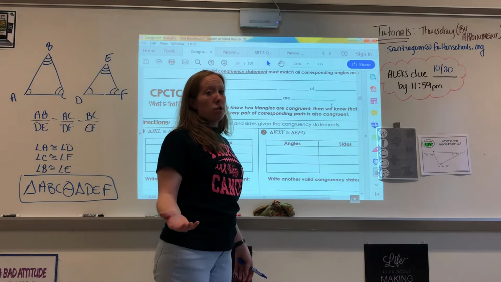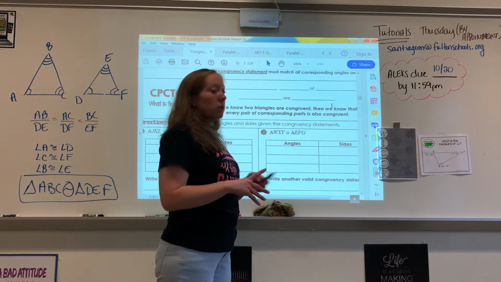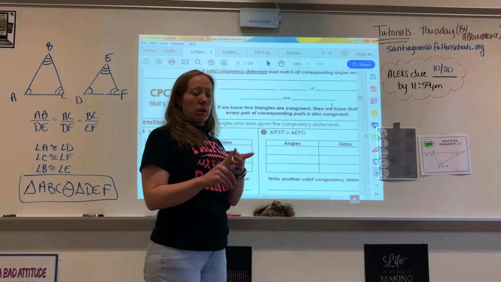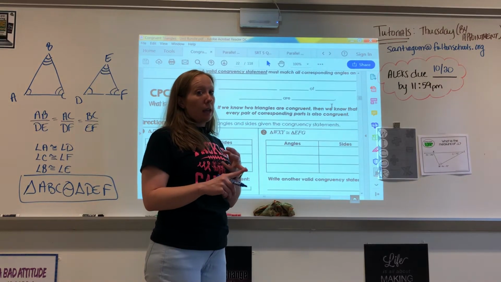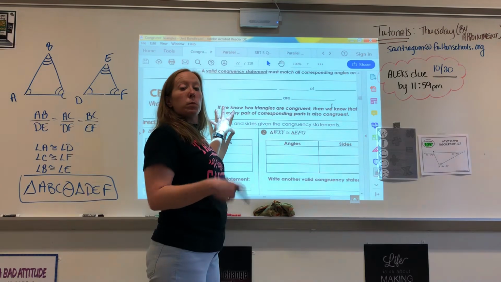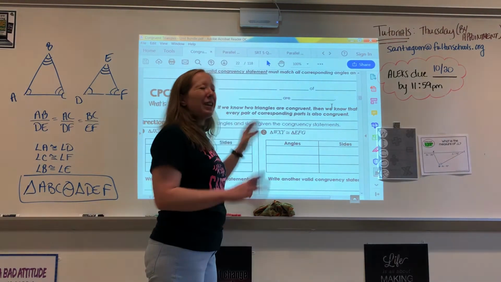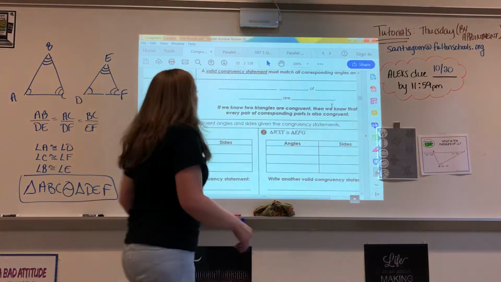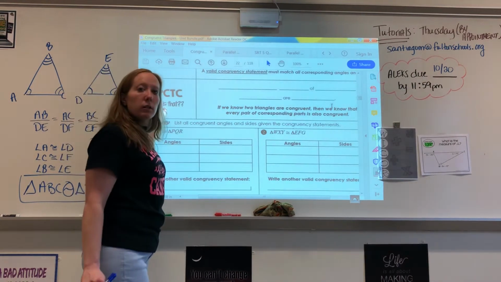We're going to go back to postulates. Remember, similarity was SSS, SAS, and AA. Congruency will have different postulates, but once I show it by that postulate, I know the rest of the parts are congruent. We call this CPCTC, right?